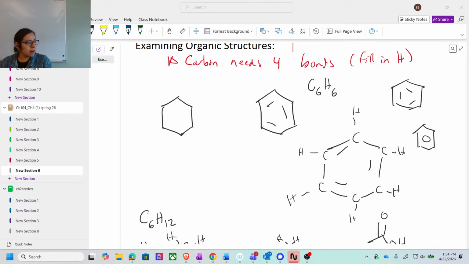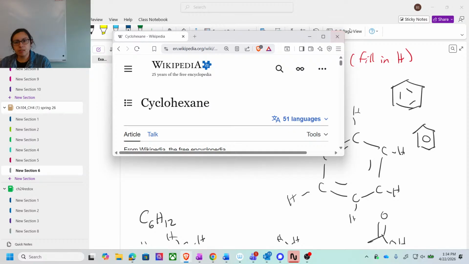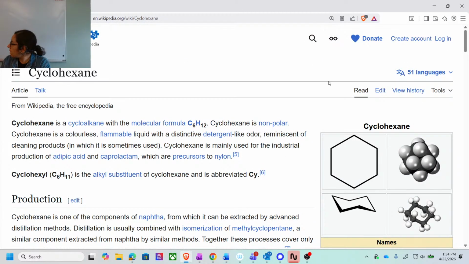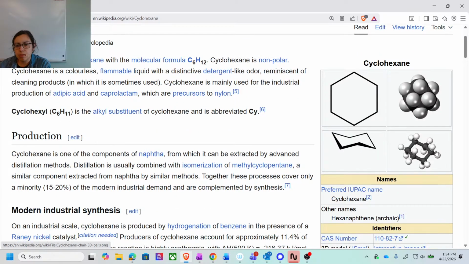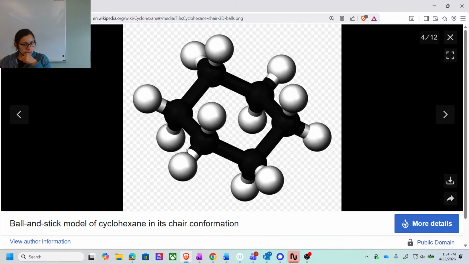This is kind of beyond this class in some ways, but I still think you could appreciate it. I want to point out it's kind of deceptive if you draw cyclohexane like this, because it's not actually flat. It's more of this, and now we get into OChem.